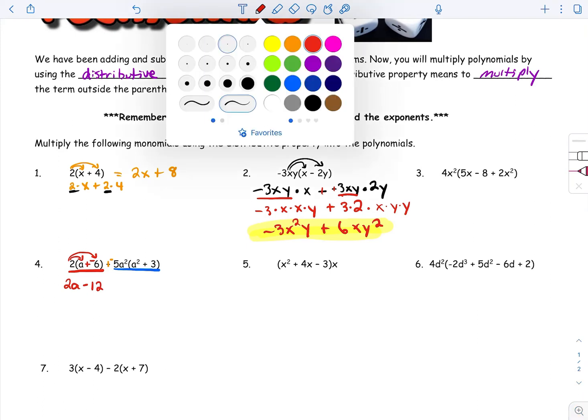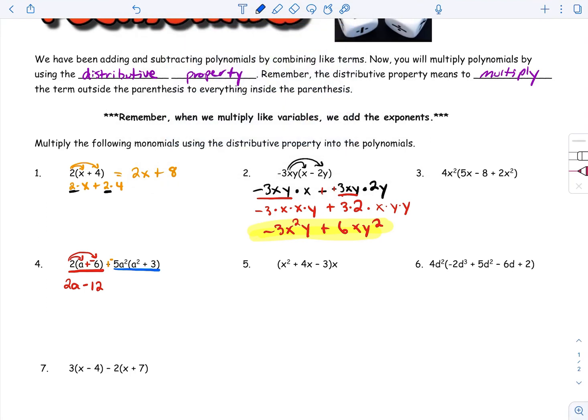And then we take negative 5a squared times a squared and negative 5a squared times 3. So that this becomes negative 5a to the 4th, right? And negative 5a squared times 3 is negative 15a squared. And now we combine like terms if we want to, but there are no like terms here.